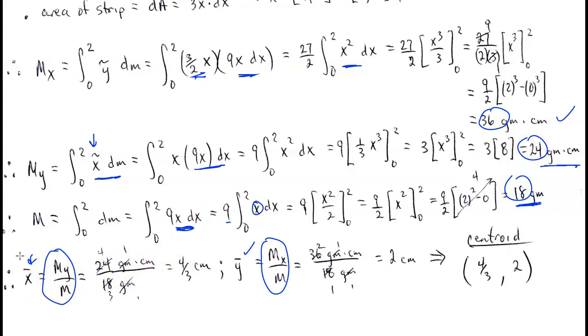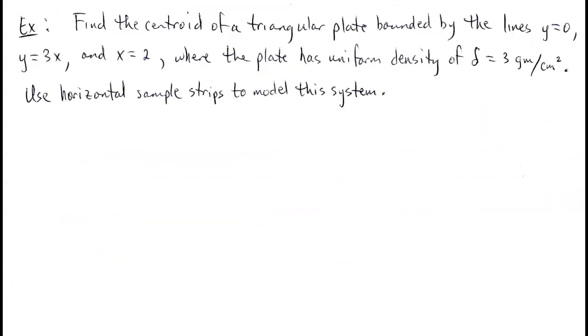Okay. All right. So to conclude this video, I'm going to do this same example, but I'm going to do this example using horizontal strips instead of vertical strips so that you can see how this works. All right, so we have the same example now, but the only thing that's different is we're going to use horizontal strips. So we know that the formulas stay pretty much the same.